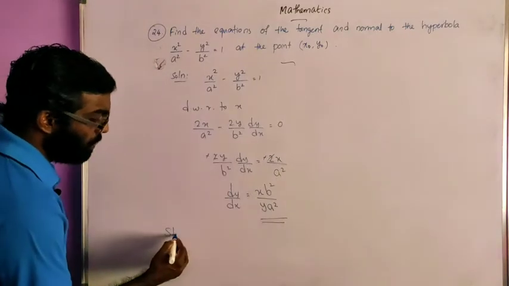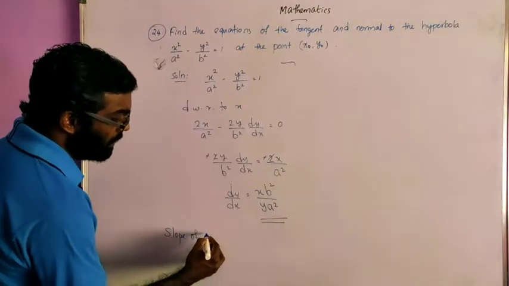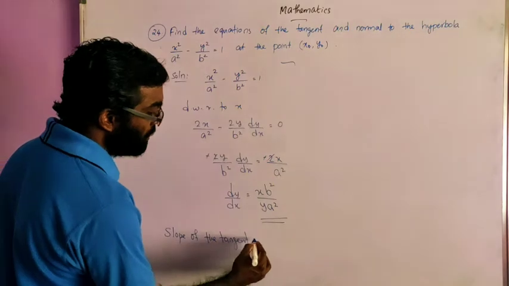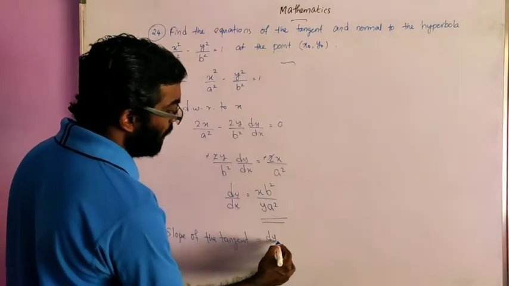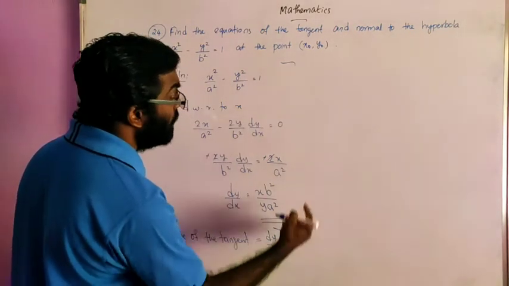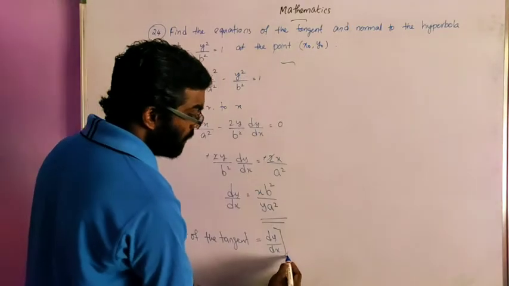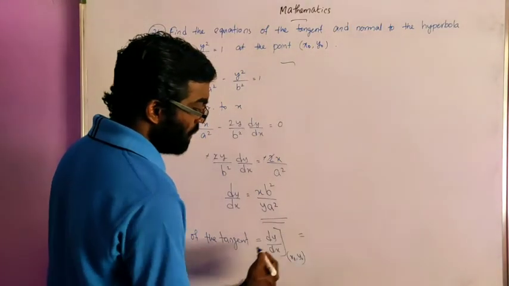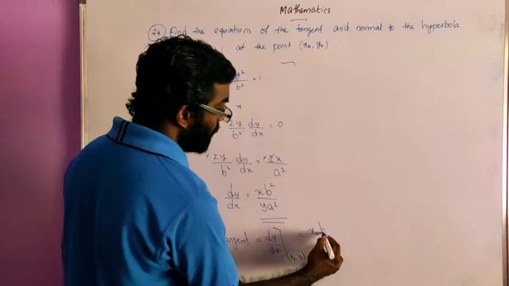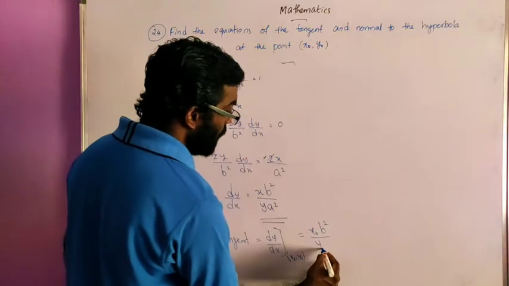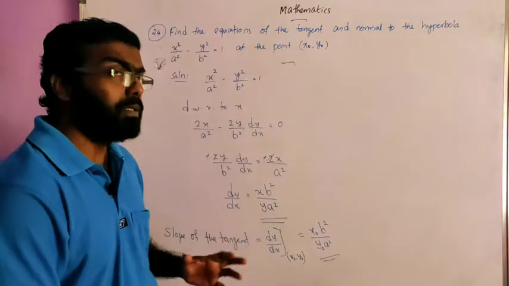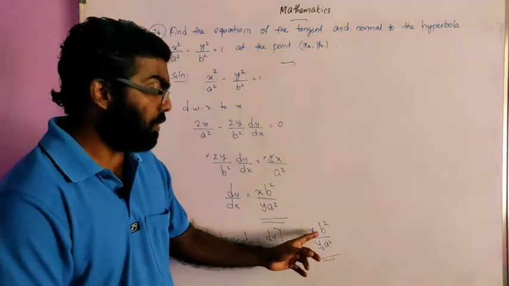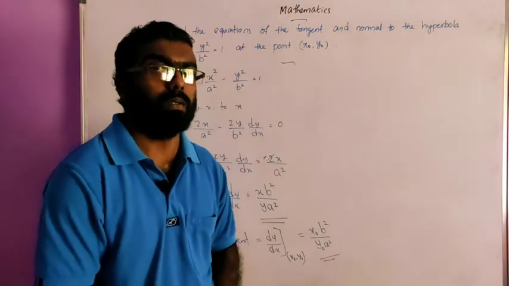Now we can write the slope of the tangent. Slope of the tangent to the curve is dy by dx at the point x0, y0. Here also the general point is given, x0, y0. So we can write x0 b square divided by y0 a square. So the slope of the tangent to the curve or the hyperbola is x0 b square by y0 a square.